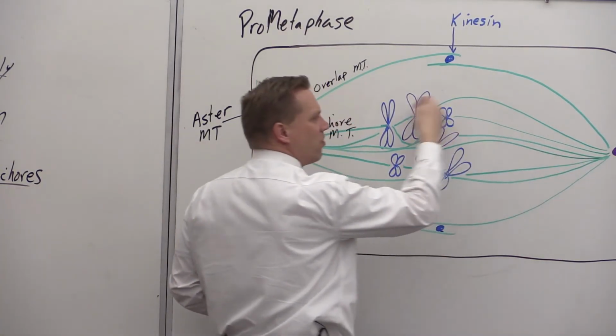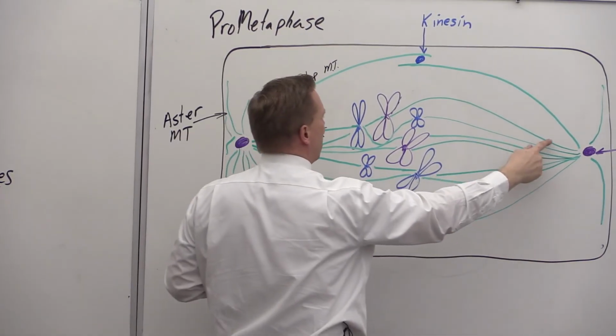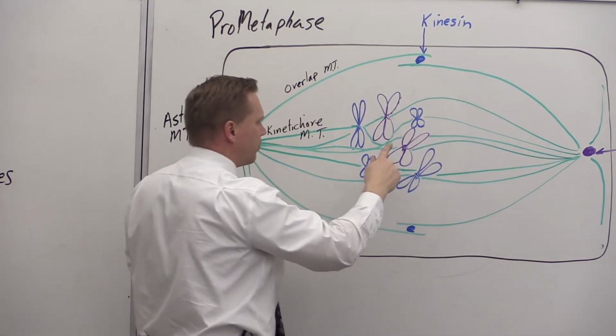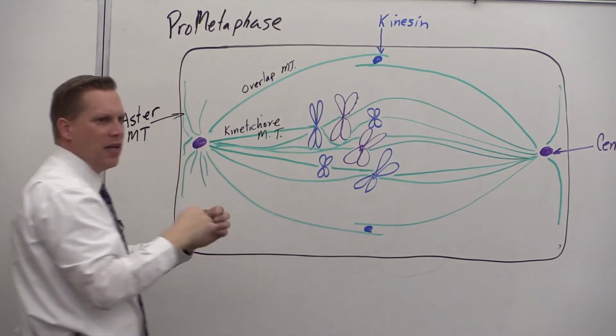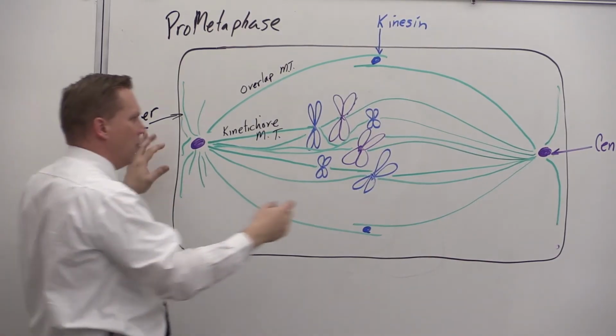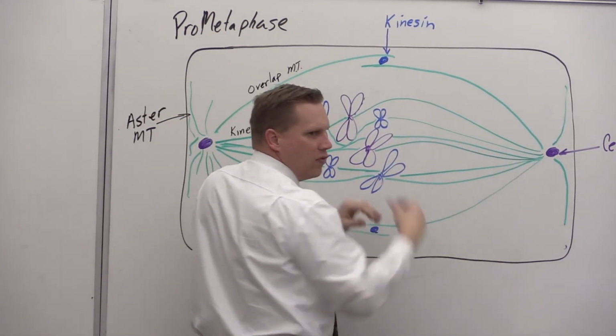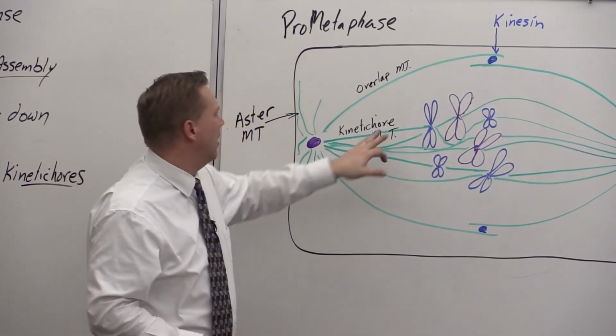From the other side, you have random shootings as well. And so you eventually get to a point where the kinetochores will get contacted from each side, and then you start this tug of war between the two poles and their associated microtubules. They pull this way and they pull that way.